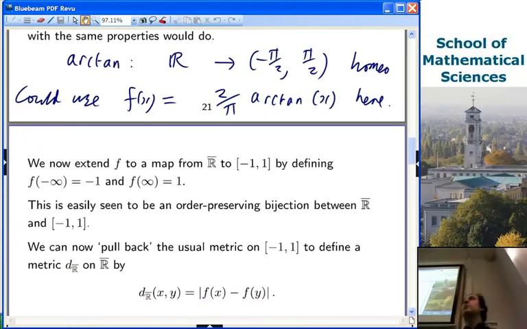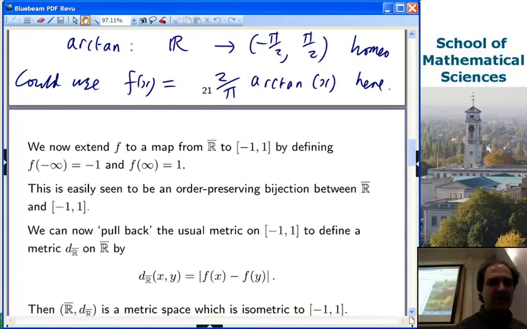And now, of course, your function f was defined on R, and it was order preserving, and it's missing the endpoints. So you just take the endpoints to the endpoints. So you extend your function by saying, we'll take our left-hand endpoint to our missing left-hand endpoint, and our right-hand endpoint to our missing right-hand endpoint, and you end up with a bijection.